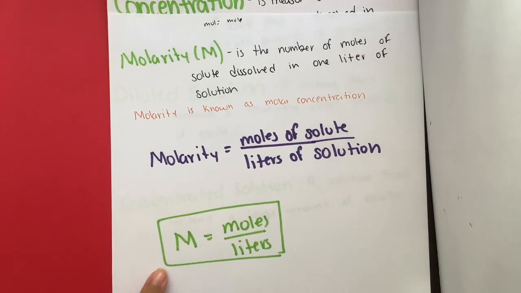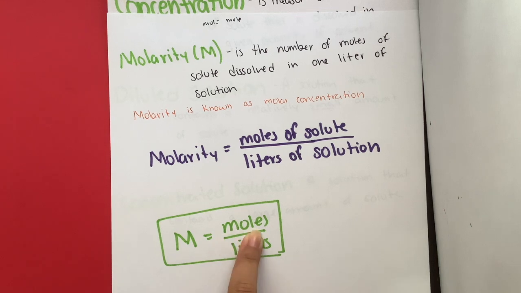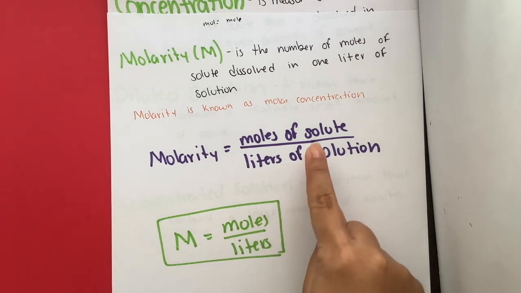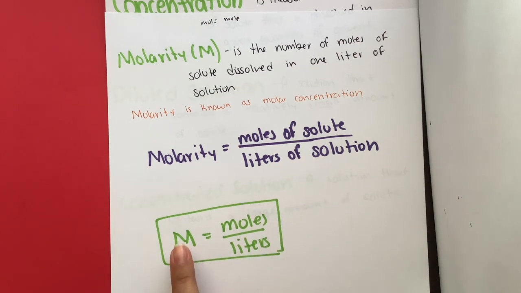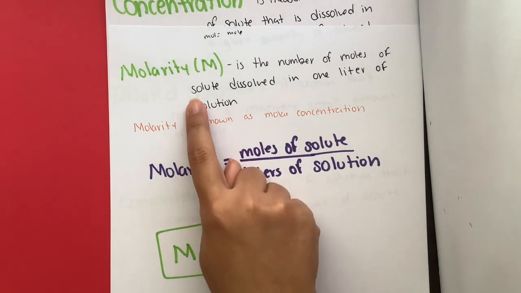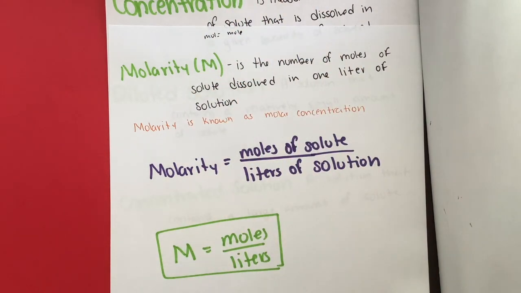So the formula for molarity, remember molarity was big M, is moles over liters. Moles of solute divided by liters of solution. And this tells you its concentration, or its molarity. Molarity is the same thing as its concentration.